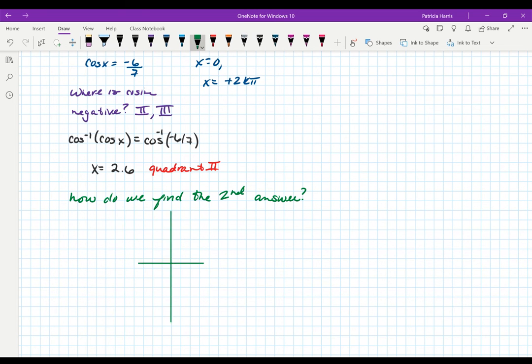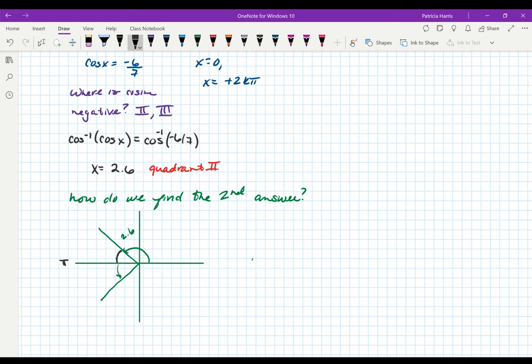Oops. There we go. Let's change that back. Okay, so I know this is in quadrant 2. That angle, since it's positive, measures from the positive x-axis, so that's 2.6. So I need to find this angle right here, same angle. So we're going to go, this is going to be a little strange, this is pi.